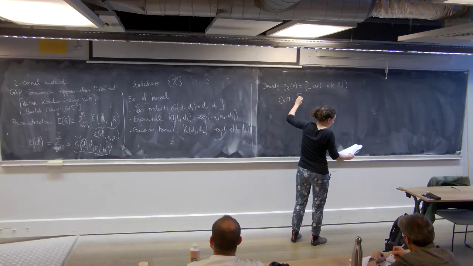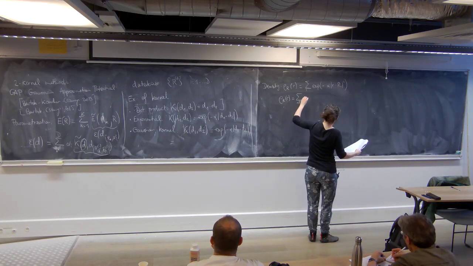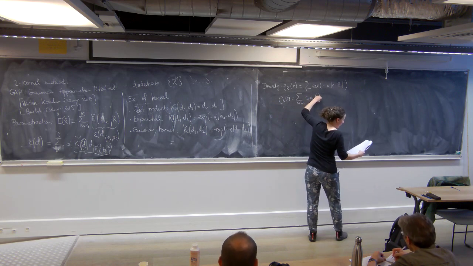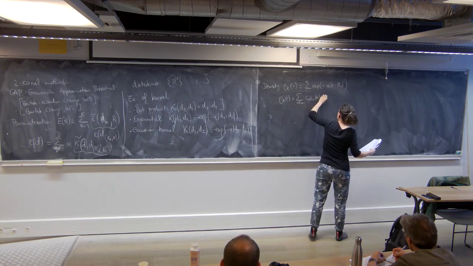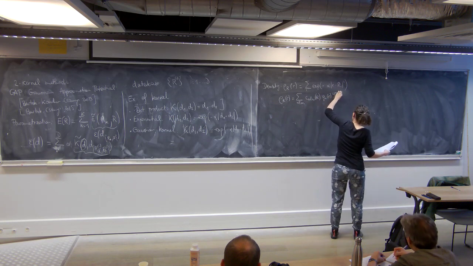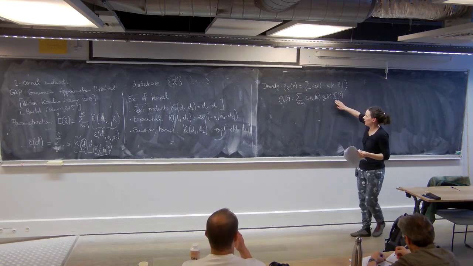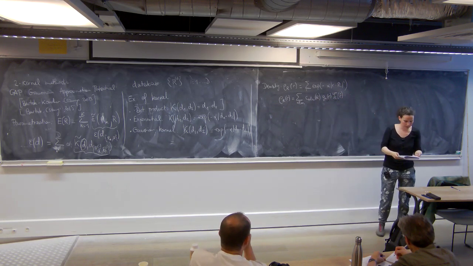So we have the same decomposition as before: sum over n, l, m of c_nlm of r, g_n of r, Y_lm of r hat, with spherical harmonics and radial basis functions.